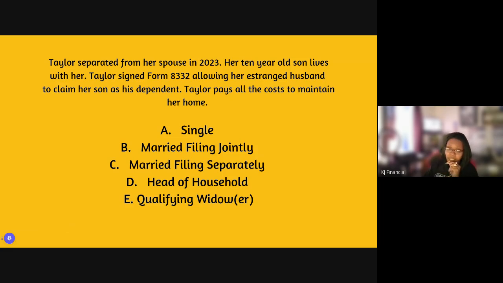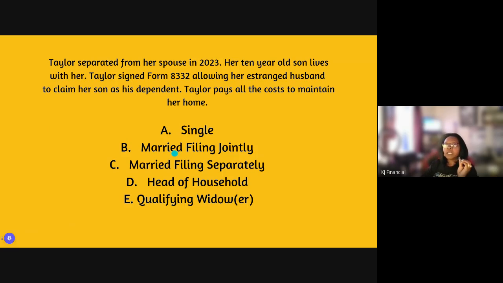All right, so Taylor separated from her spouse in 2023. Her 10-year-old son lives with her. Taylor signed Form 8332, allowing her estranged husband to claim her son as his dependent. Taylor pays all the costs to maintain her home. Single, married filing jointly, married filing separately, head of household, or qualified widower? So that's my fault, I did not put it on here.